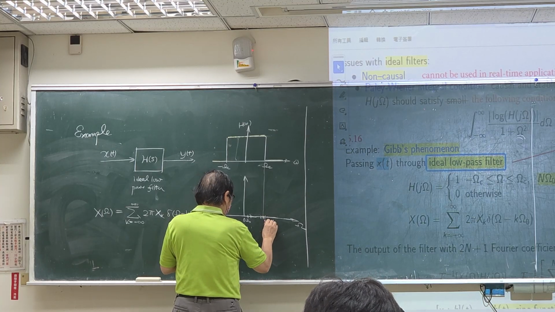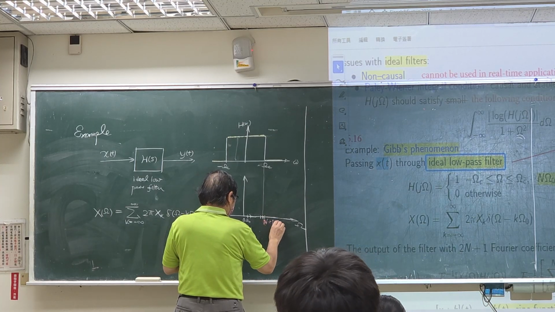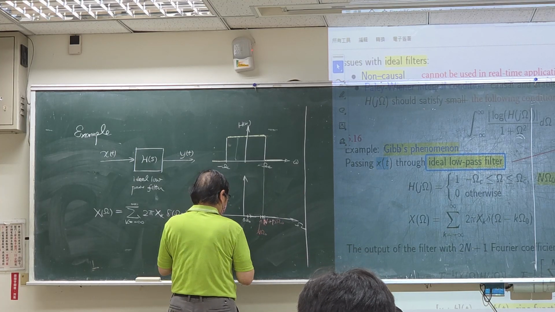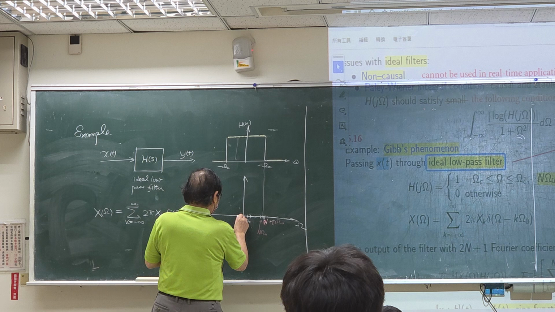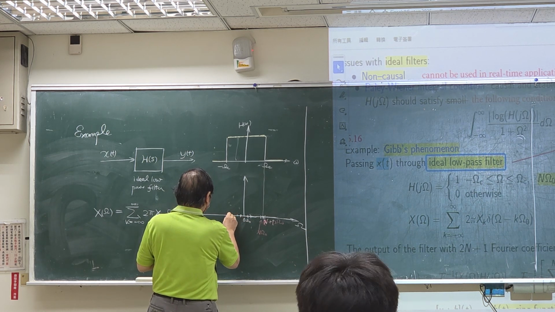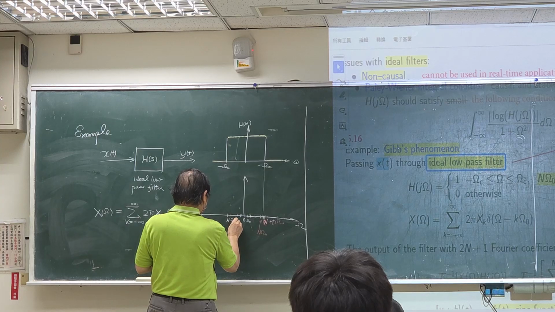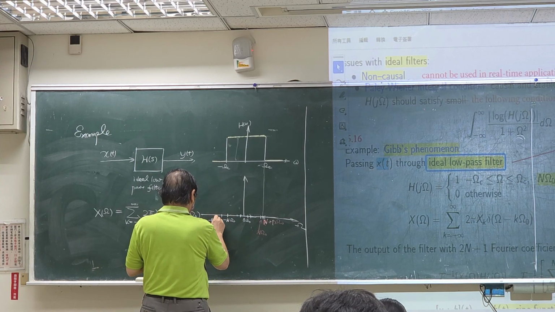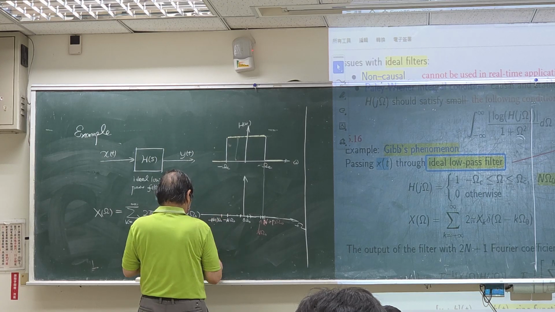This is N plus 1 times omega 0, and this is N times omega 0. And similarly in the negative frequency, this is N omega 0, and this is N plus 1 omega 0.